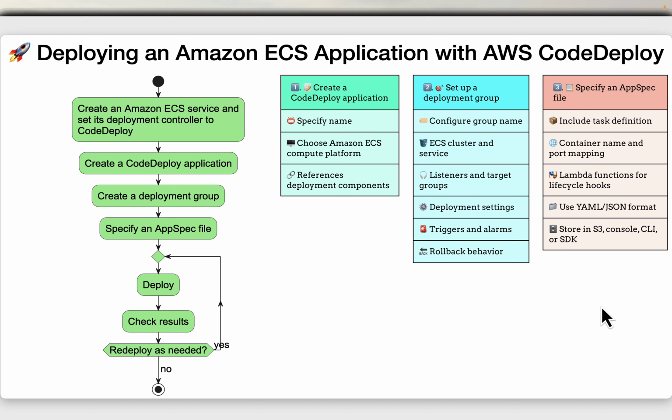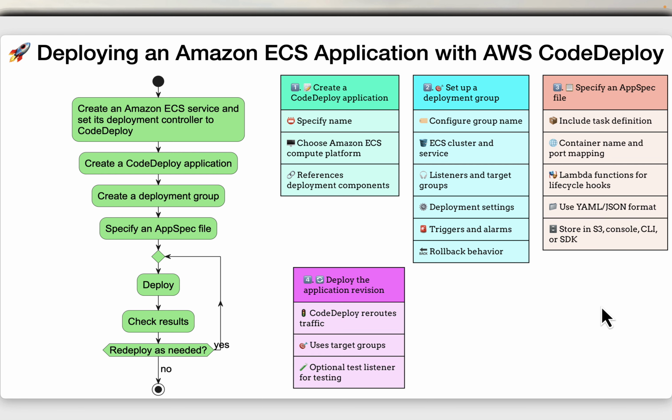You specify an appspec.yaml file, including the task definition, container name, and port mappings for traffic routing, and Lambda functions for any lifecycle hooks. You use YAML or JSON and store it in S3, and you can trigger it via console, CLI, or SDK.